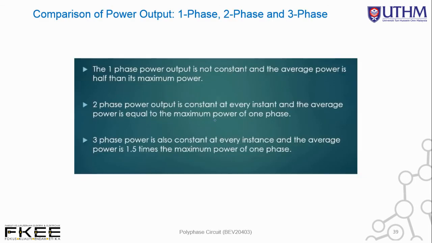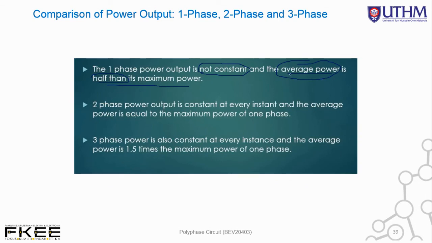So again, the comparison of power output: single phase, two phase, and three phase. The single-phase power output is not constant, and the average power is half of its maximum power. So you have two problems over here. The power output is not constant, and the average power is only half, or 50%, of the maximum output power.